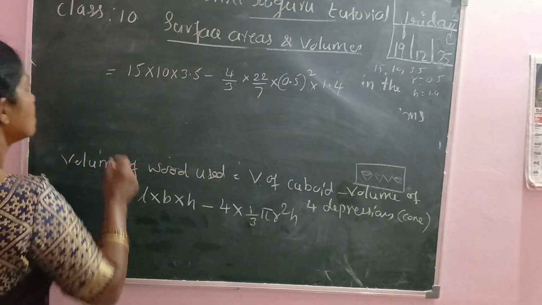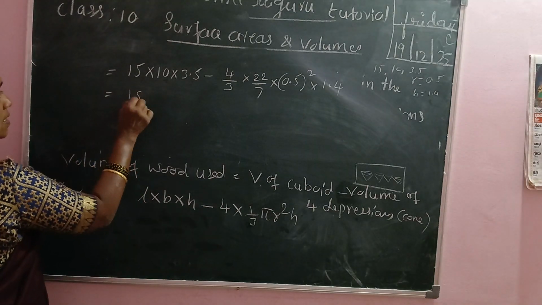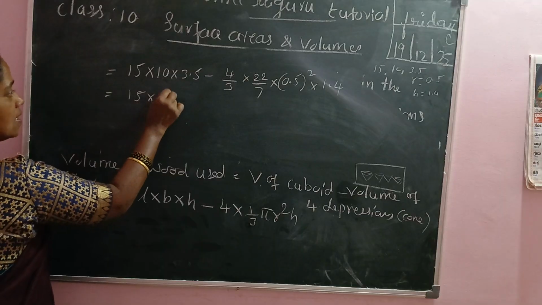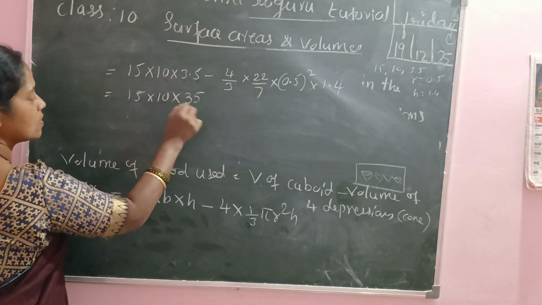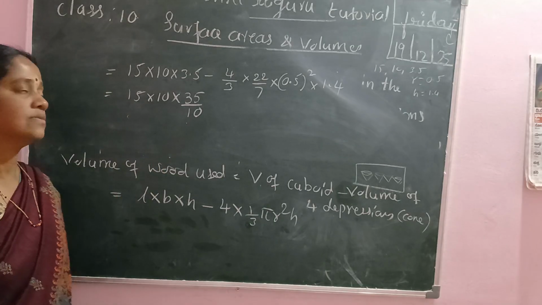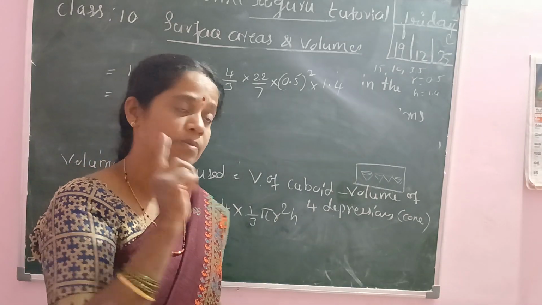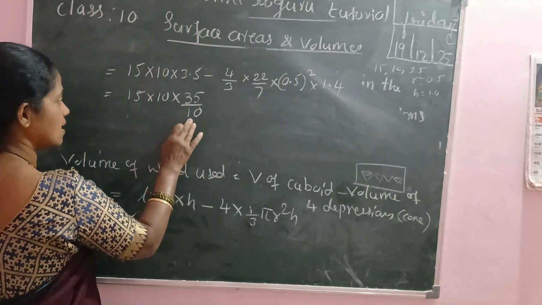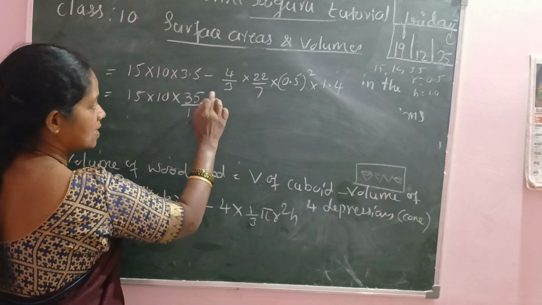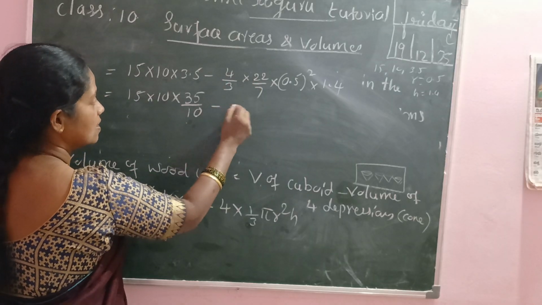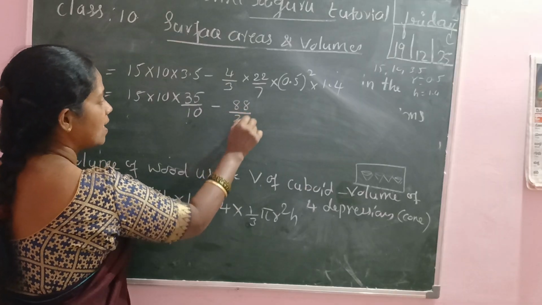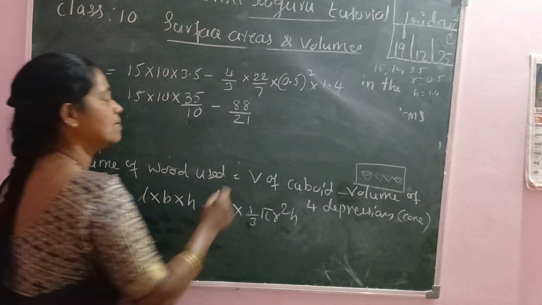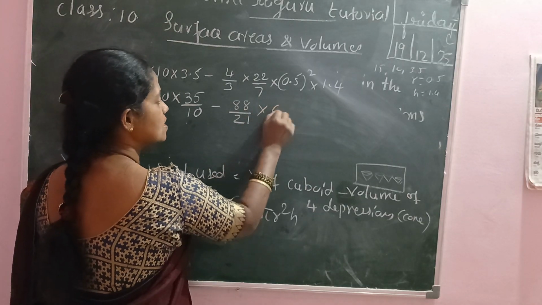Now look at here, the first term. 10 into 15 into 10 into 3.5. It is a decimal number, so you convert it into fraction form. It has one decimal, so the denominator becomes 10. Then 22 fours are 88 divided by 21, 3 sevens are 21. 0.5 whole square is 0.25.